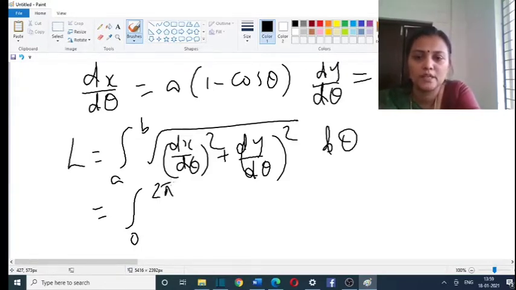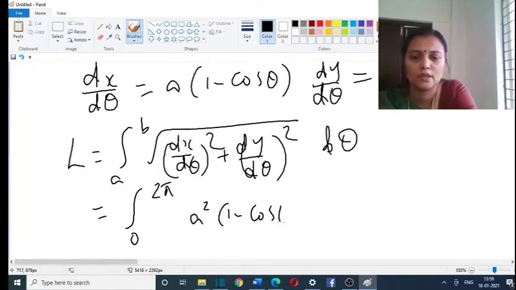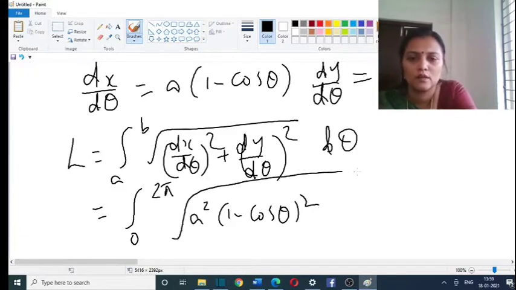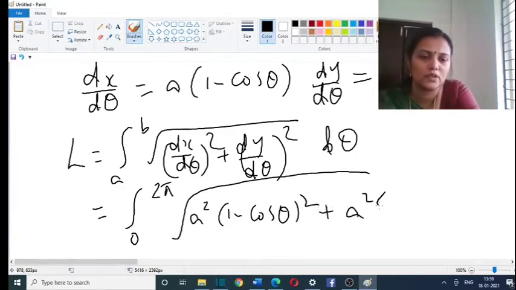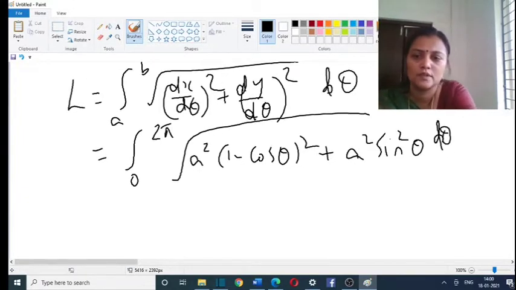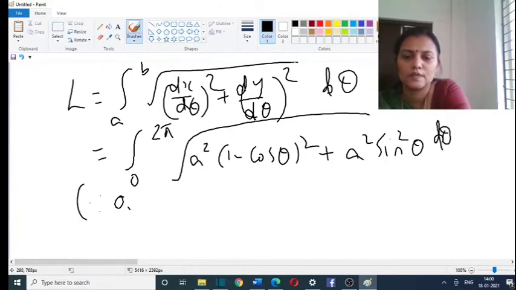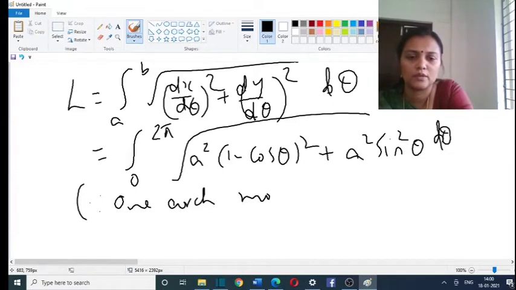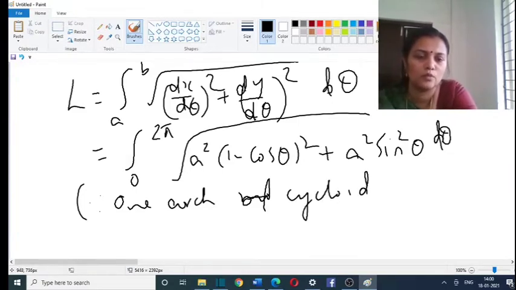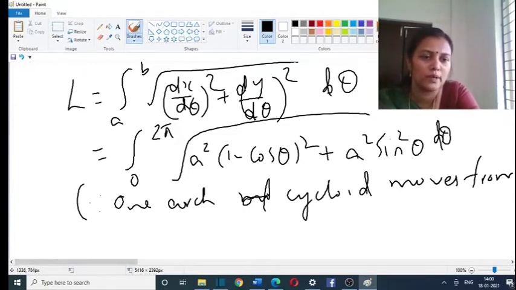And dx by d theta is a square into 1 minus cos theta all square plus a square sin square theta d theta.